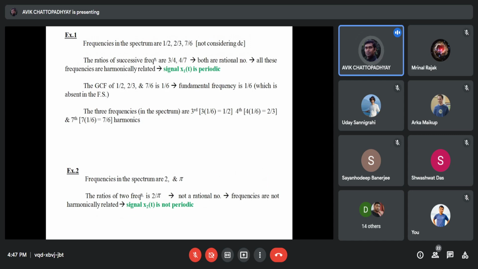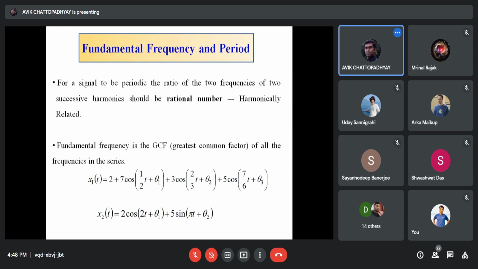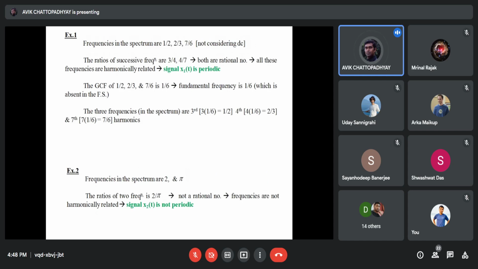The ratios of the successive frequencies are: between the first two, 3/4, and between 2/3 and 7/6, 4/7. As per this condition, we have to check whether they are rational numbers or not. Yes, these are ratios of integers, so both are rational numbers.